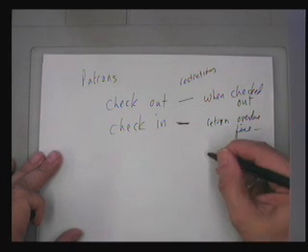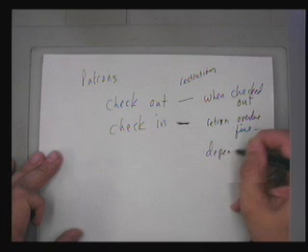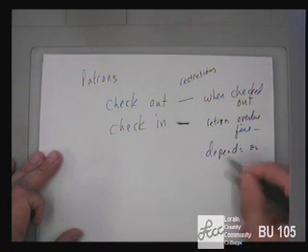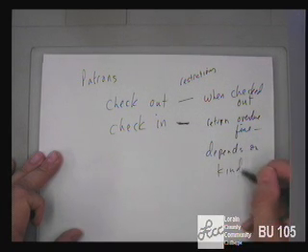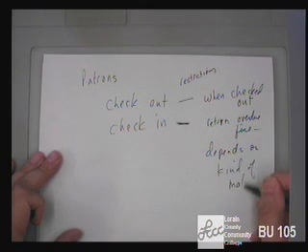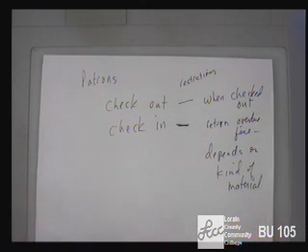And that overdue fine depends on the kind of material. In a nutshell, at the 25,000 feet overview, that's what this assignment entails. All right? And you need to be able to do that.